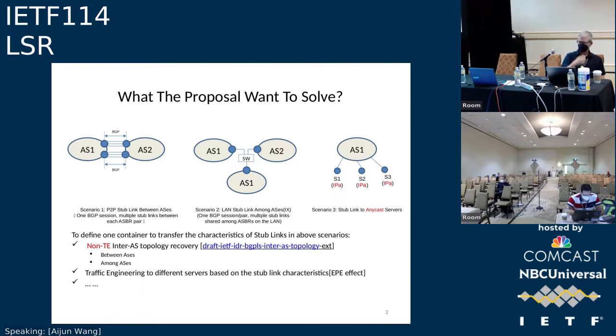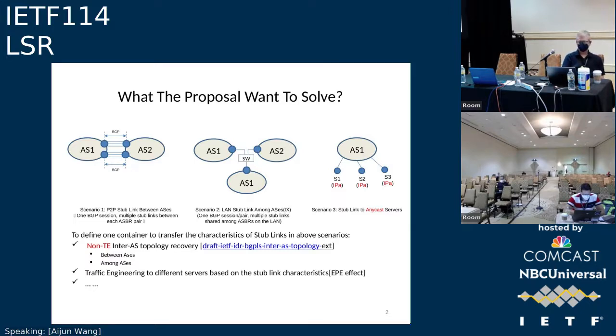So we want to define one container to transfer the characteristics of the stub links in the above scenarios, and to solve the non-TE inter-AS topology recovery, for example between AS and among AS. And also we want to do some traffic engineering to different servers based on the stub link characteristics.